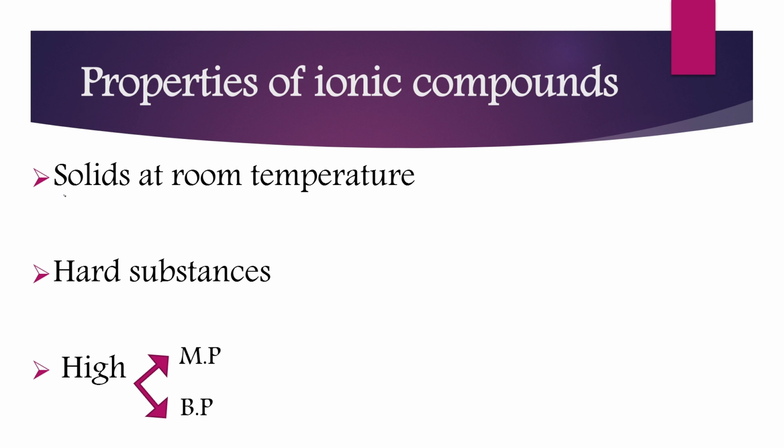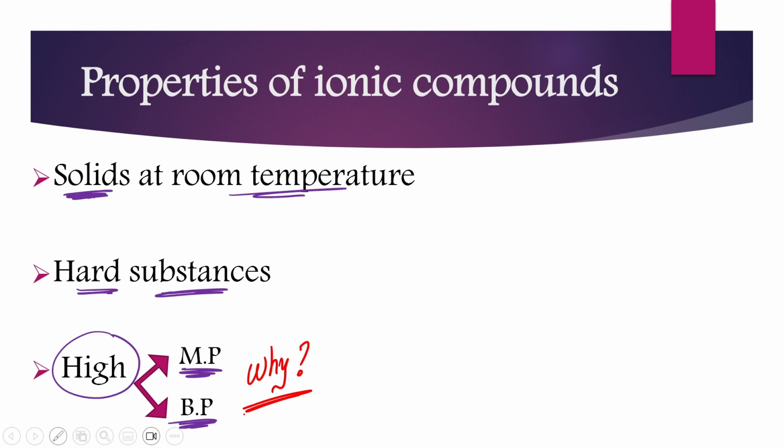The ionic compounds are solids at room temperature. They are hard substances. They have high melting and boiling points due to the strong electrostatic forces holding the crystal lattice together, so a lot of energy is needed to separate the ions and melt the substance.